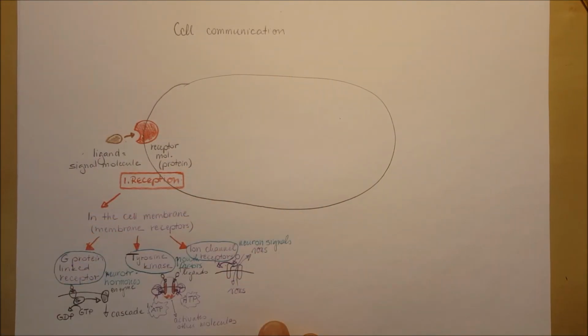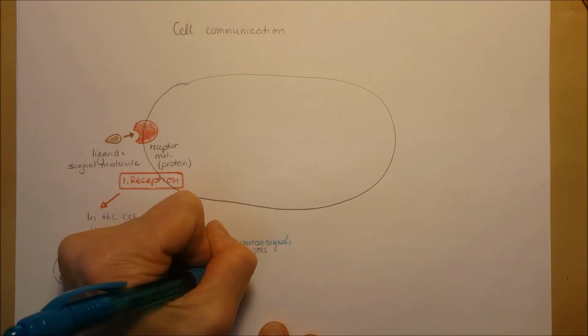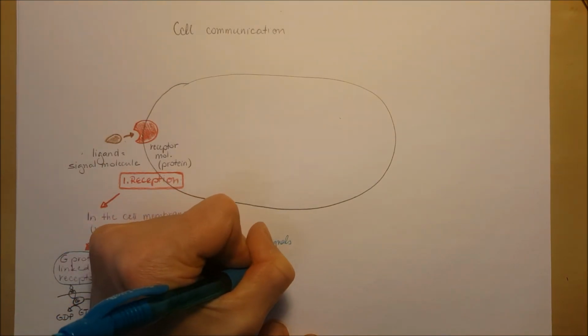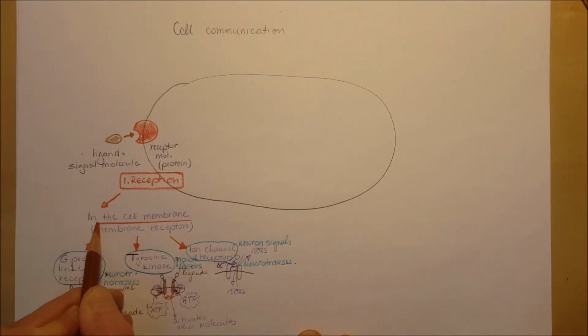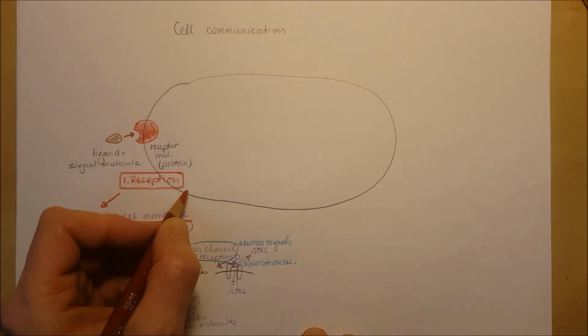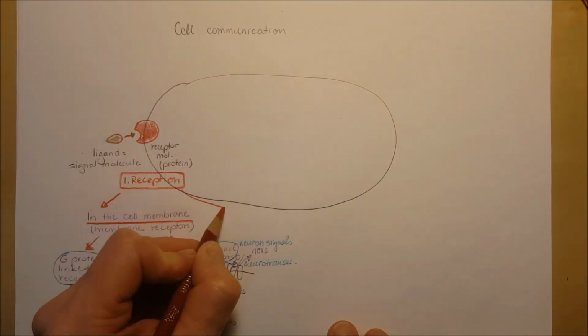Neurotransmitters will open the ion channels. So that was the transmembrane receptors in the cell membrane.